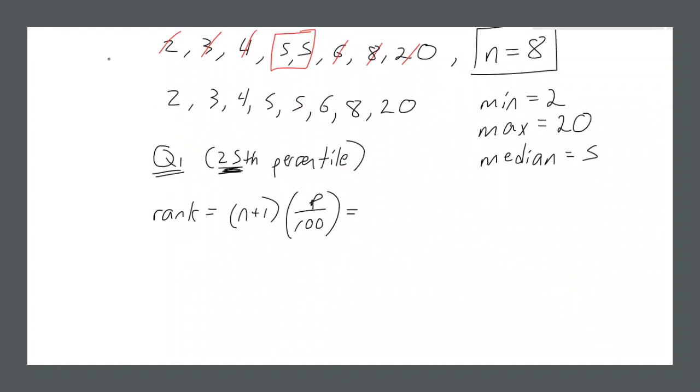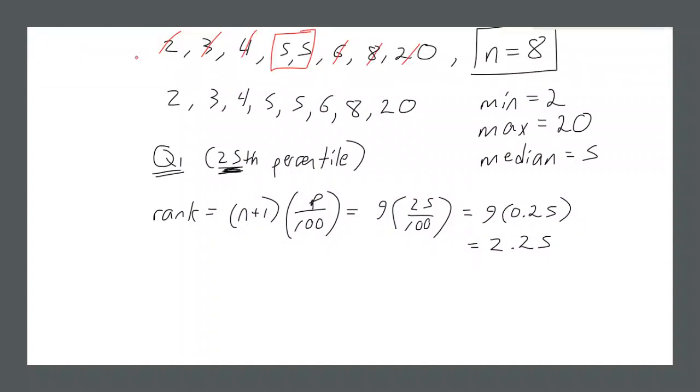So n plus 1, that's going to be 9. P over 100, that's 25 over 100. So it's going to be 9 times 0.25, which is equal to 2.25. So that's the rank that we're looking for.